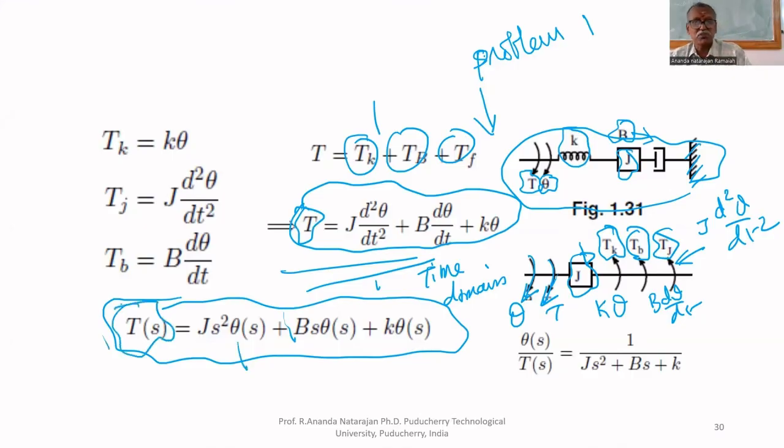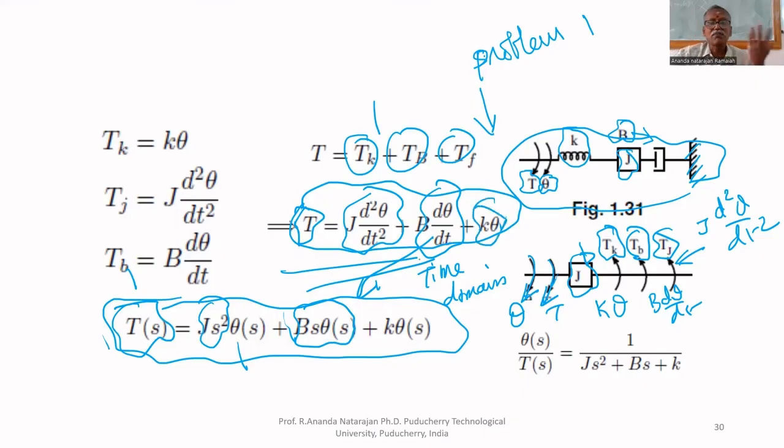We do not know the form of the input torque, so we write T of S. Laplace transform of J d square theta by dt square, assuming zero initial condition, is J s square theta of S. B d theta by dt is B s theta of S. K theta is K theta of S. Theta is the output. Displacement is the output.